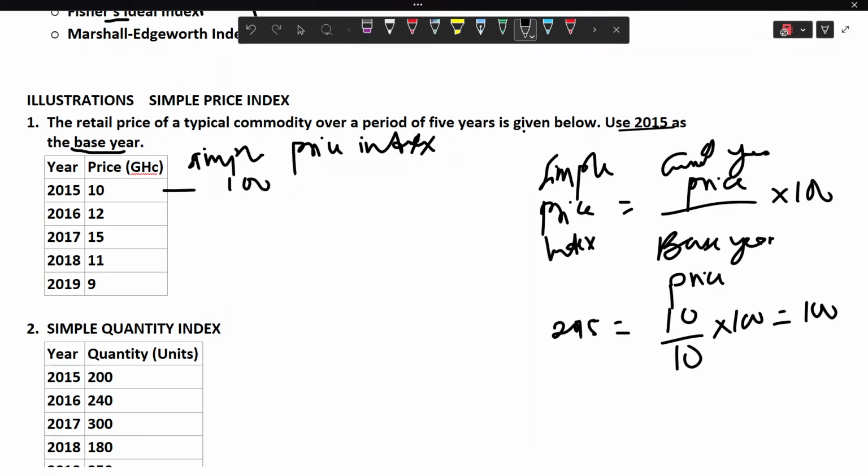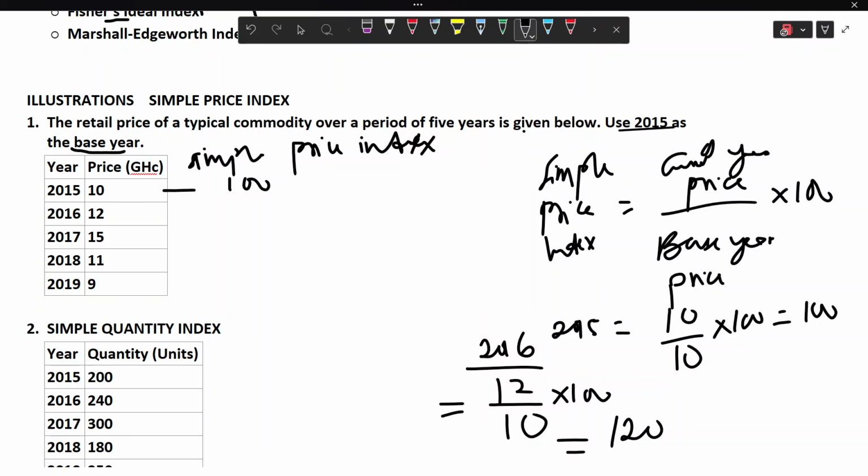Then 2016, also the simple price index is given by the current price in 2016, which is 12, divided by the price of the base year, which is 10, times 100, also giving us a value of 120. So for 2016, the simple price index is 120.